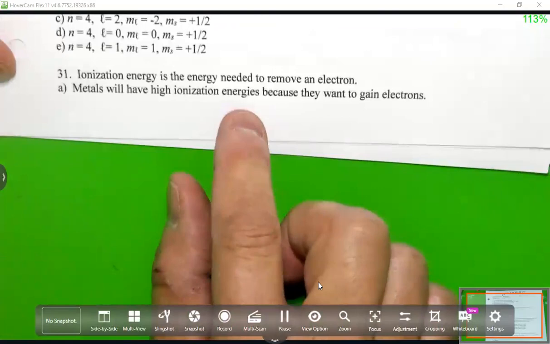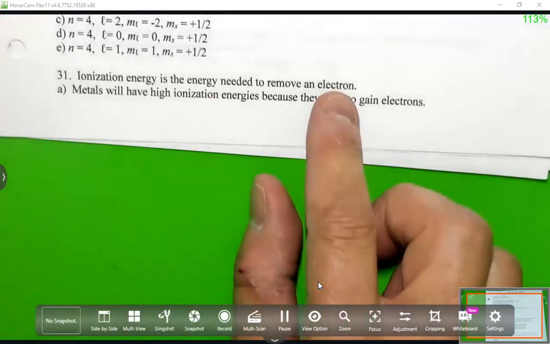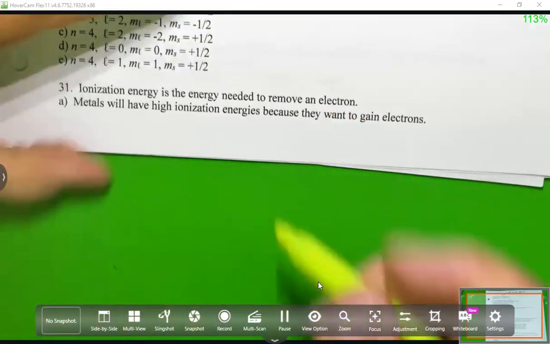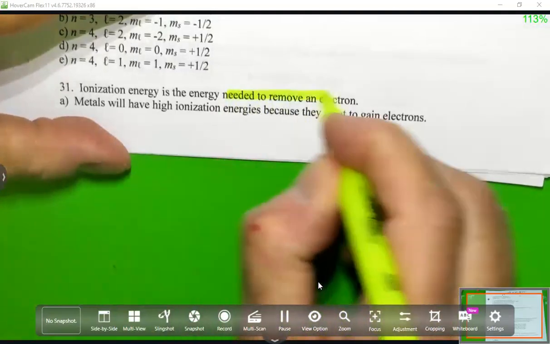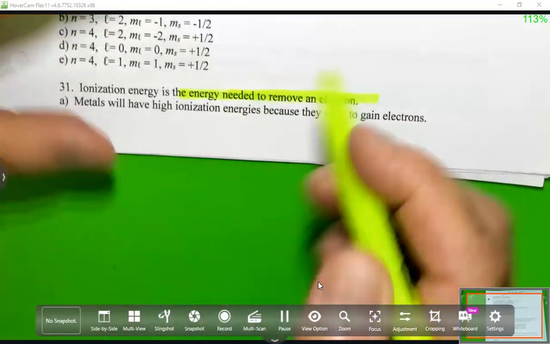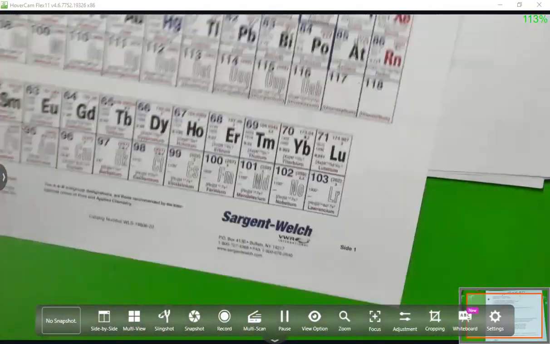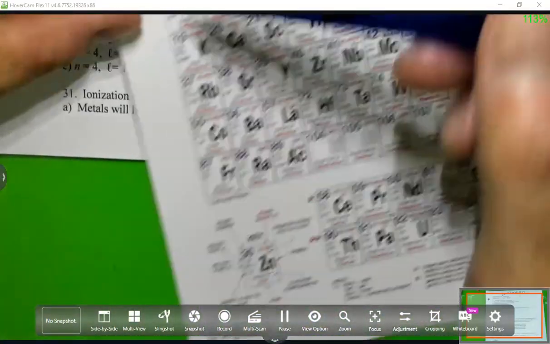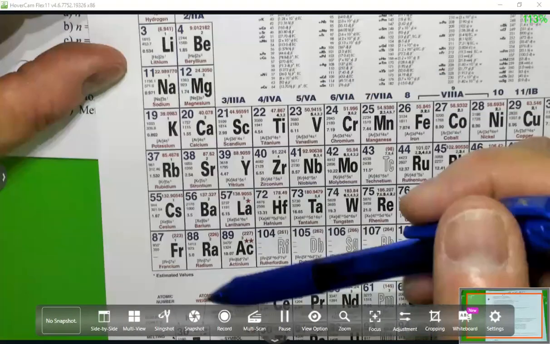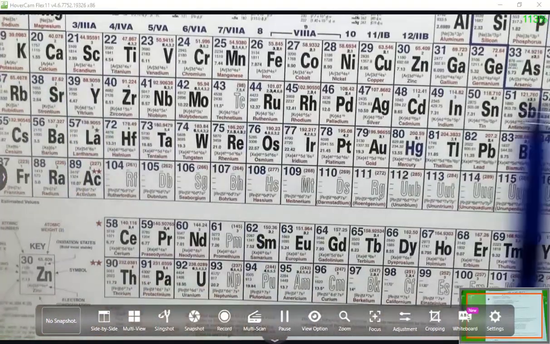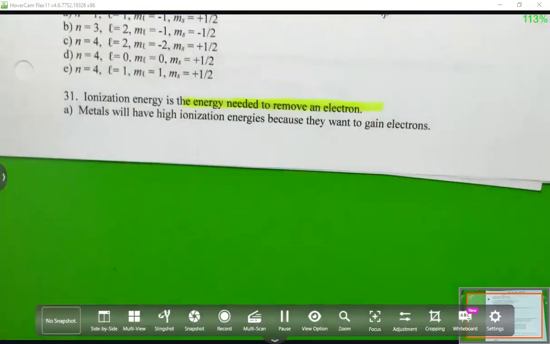Okay, ionization energy. Is the energy needed to remove an electron? We know that as we go down a group, ionization energy decreases, and as we go across, ionization energy increases.